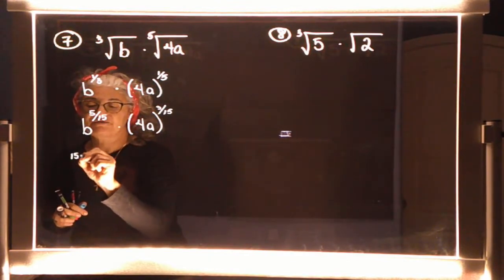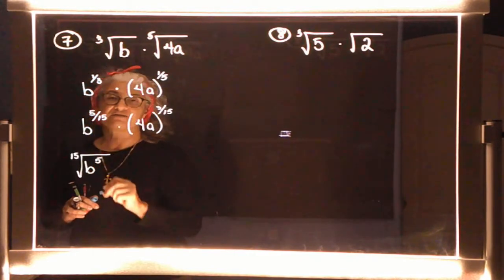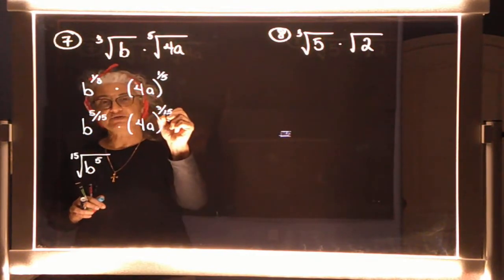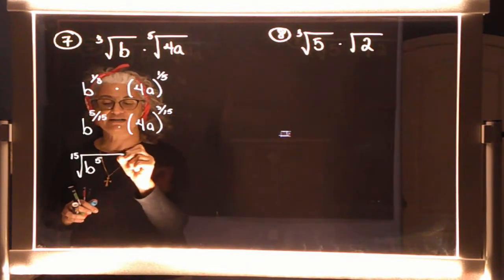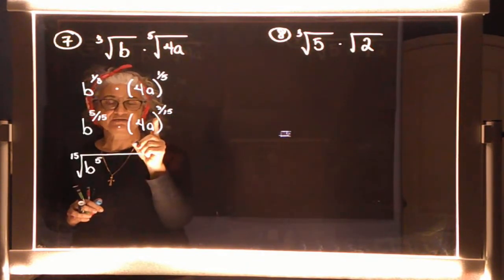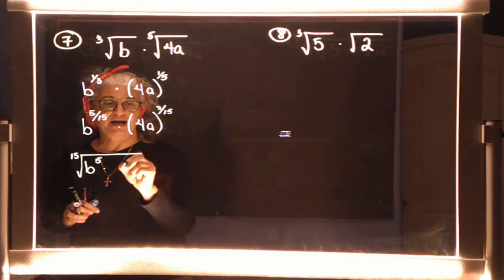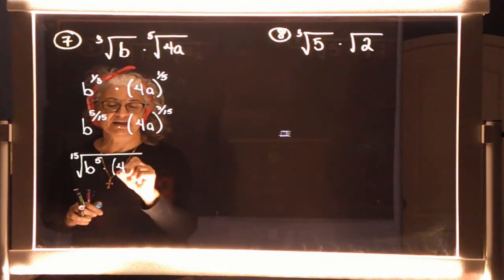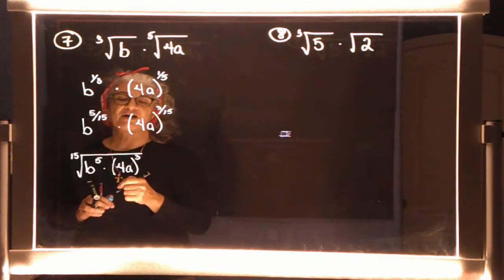So I have the 15th root of b to the power of 5. But this is also a 15th root, isn't it? So I can write it under the same root, multiply this b to the 5th power by, yes, 4a quantity to the power of 3.